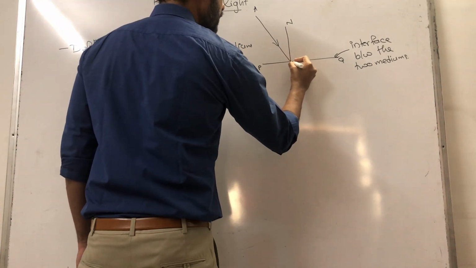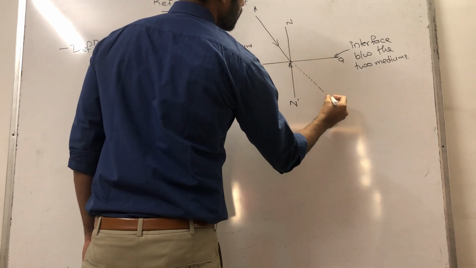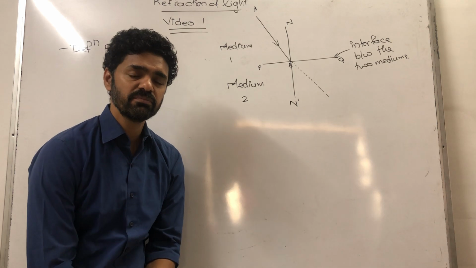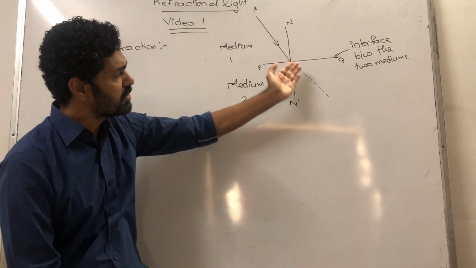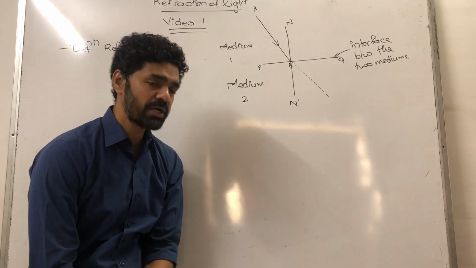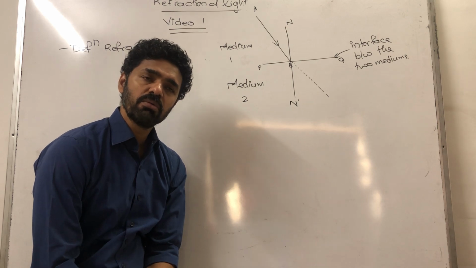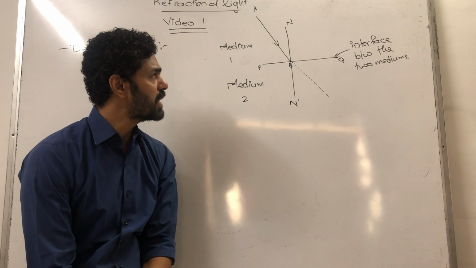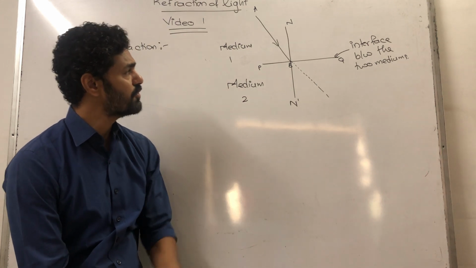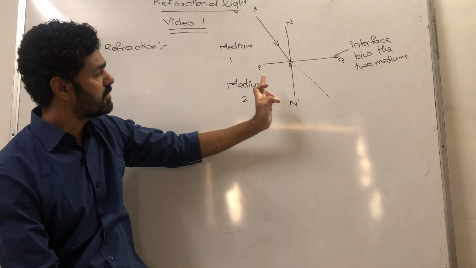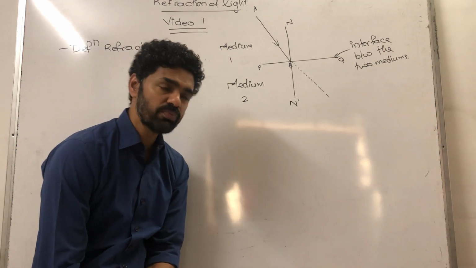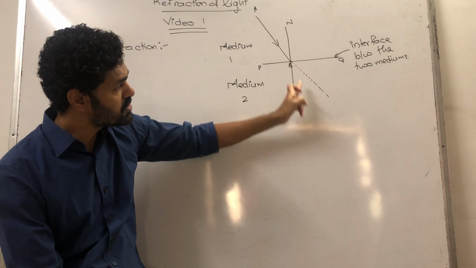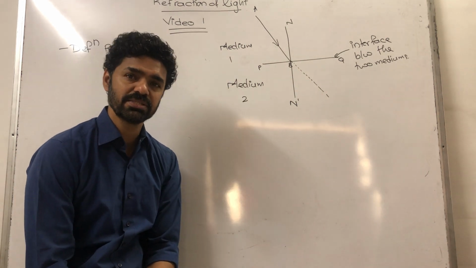If there had been no refraction, this incident ray AB should have followed this very path of the dotted line. But what do we observe? We observe that the light traveling from optical medium 1 to optical medium 2, when it enters optical medium 2, does not follow the same path and the light bends.